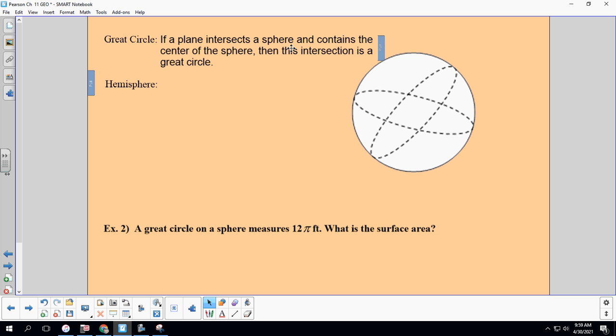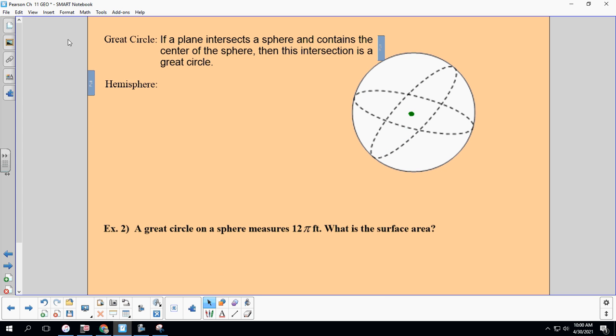If a plane intersects a sphere, and think about this plane going off forever, not just ending at the edge of the sphere, and contains the center of the sphere, so it's a plane that goes through our center, then this intersection is a great circle. So it's kind of like the circumference of one little circle on our sphere.